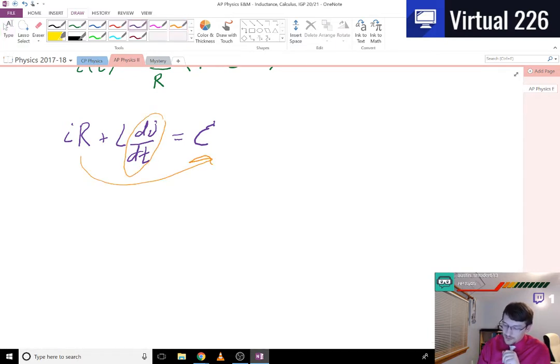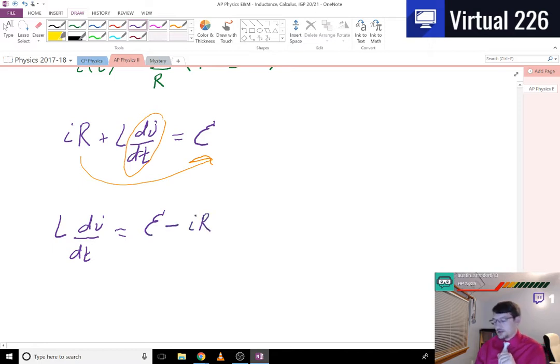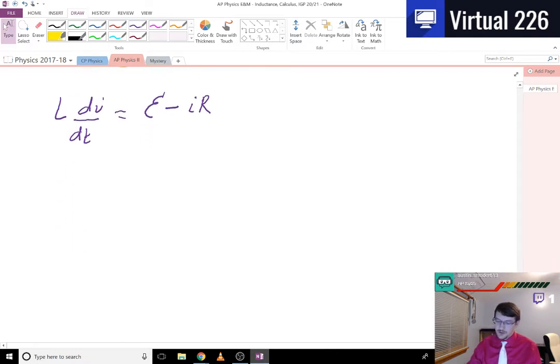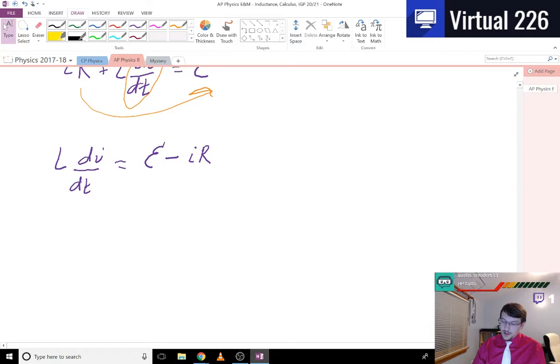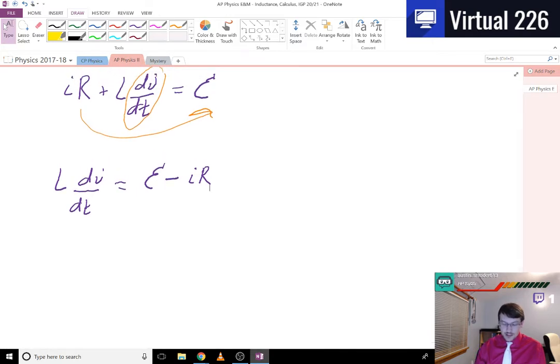So we're going to have L dI/dt equals epsilon minus IR. That's where we're at right now. Our next move, in order to get dI/dt by itself, is to divide by L.